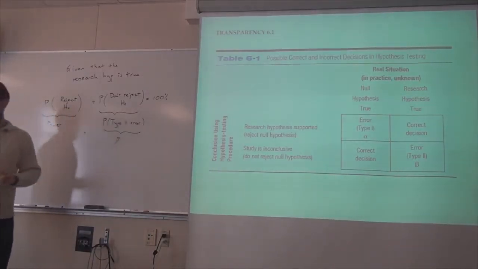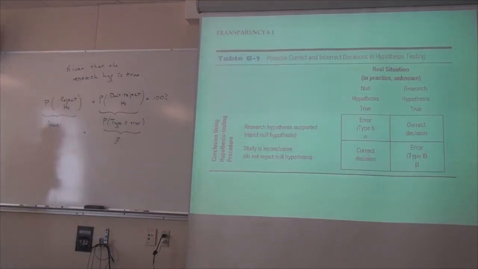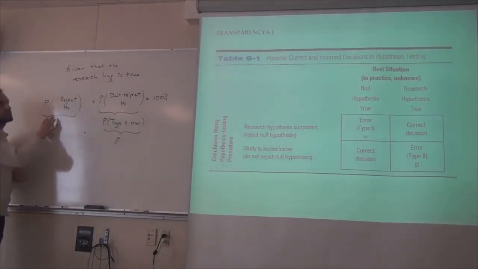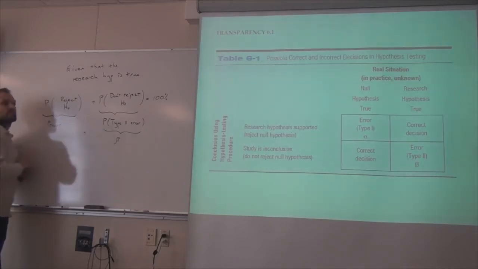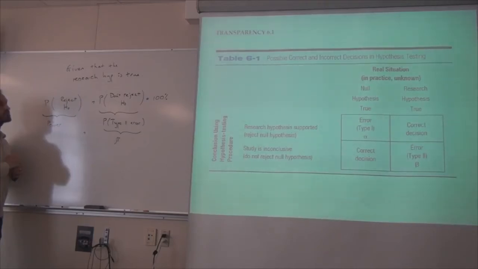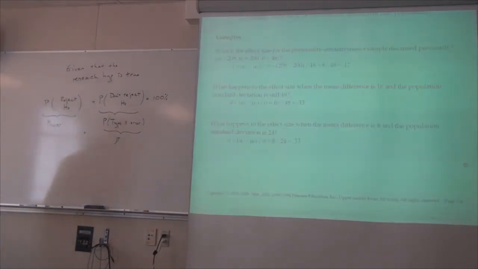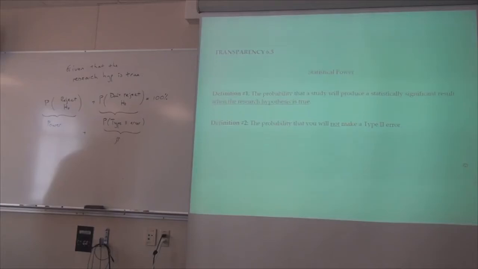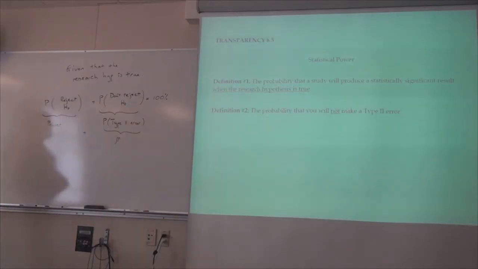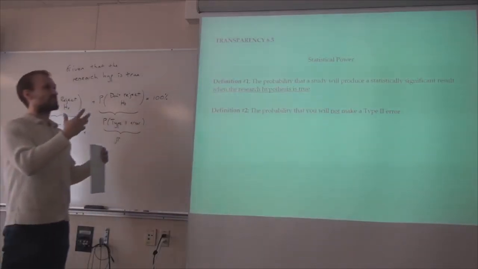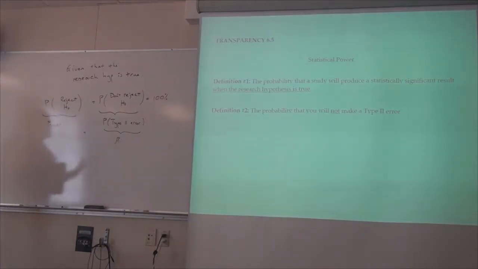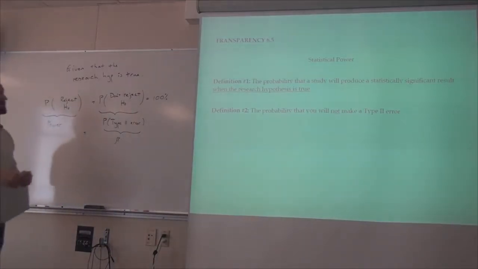Together, they are 100%. So if I look at the power and try and find a number here, that will give me the probability of a type 2 error, that I should have rejected the null hypothesis, but I didn't. So these two are linked to each other in a simple way. So the statistical power, the power of the study with the evidence from my sample, is exactly this.